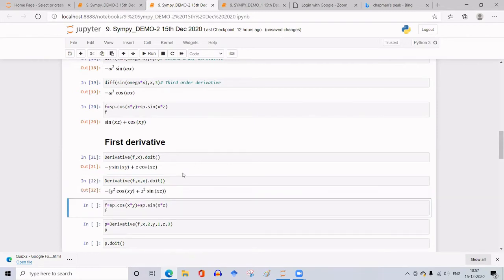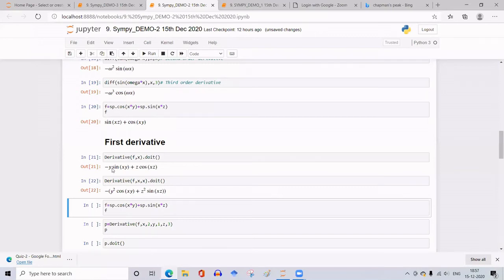The evaluation of this: the second derivative with respect to x, evaluated and simplified. So that is minus y square cos of xy. If you differentiate it once again, what happens?